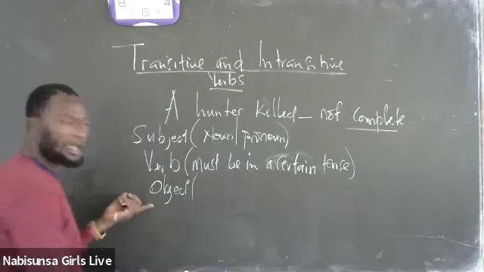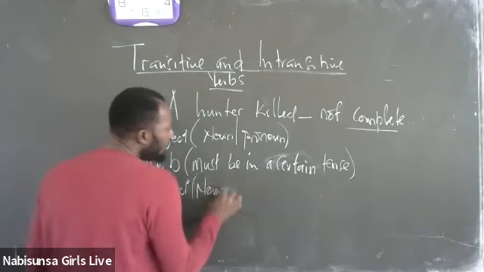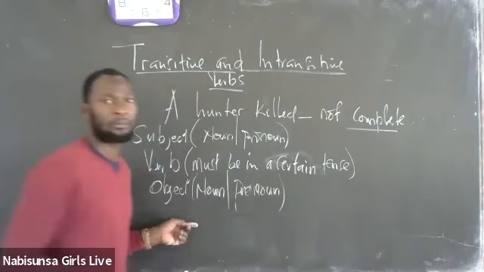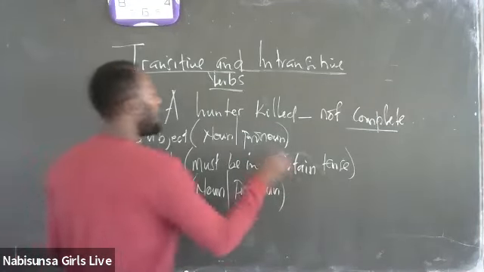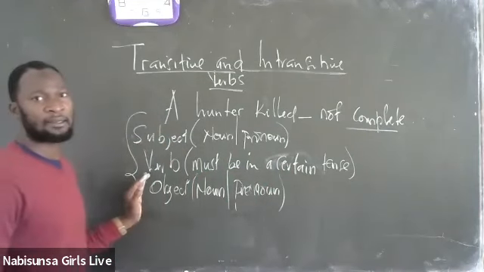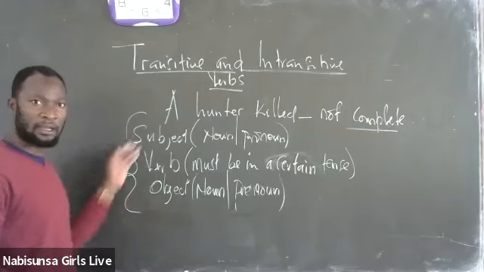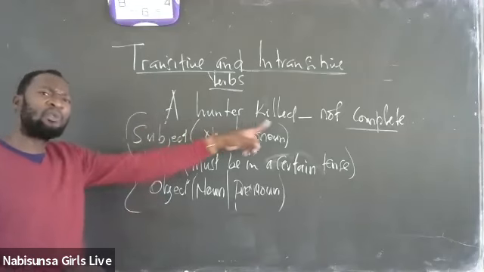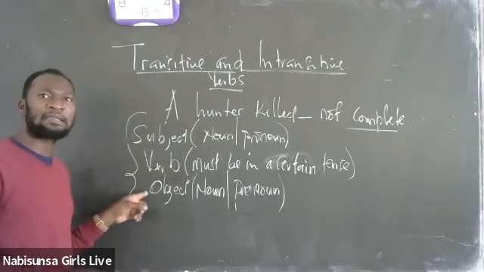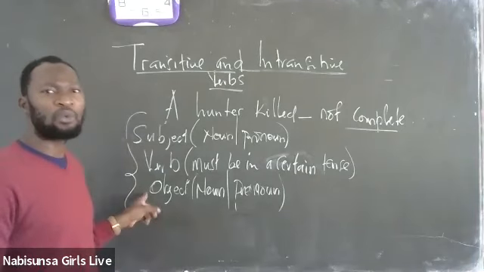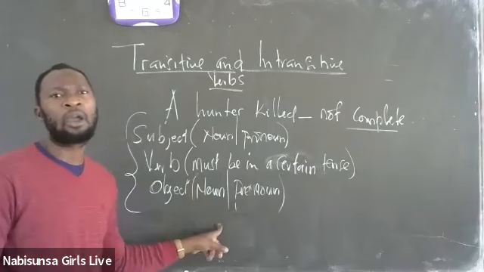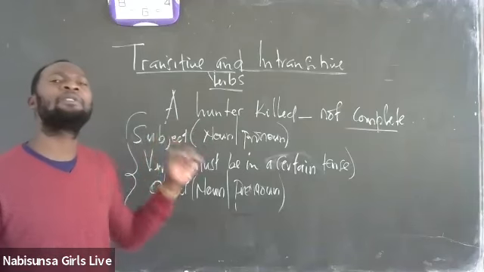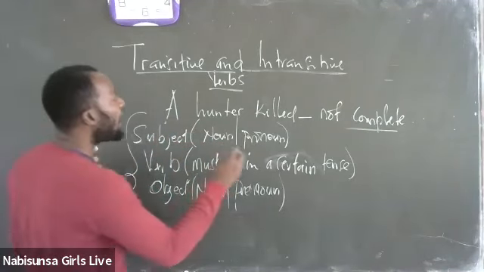The object here should also be a noun or a pronoun to have a proper sentence. But remember our example, a hunter killed, is not complete. Why? Because it lacks an object, which must be a noun or a pronoun. To make it complete, a hunter must have killed something.